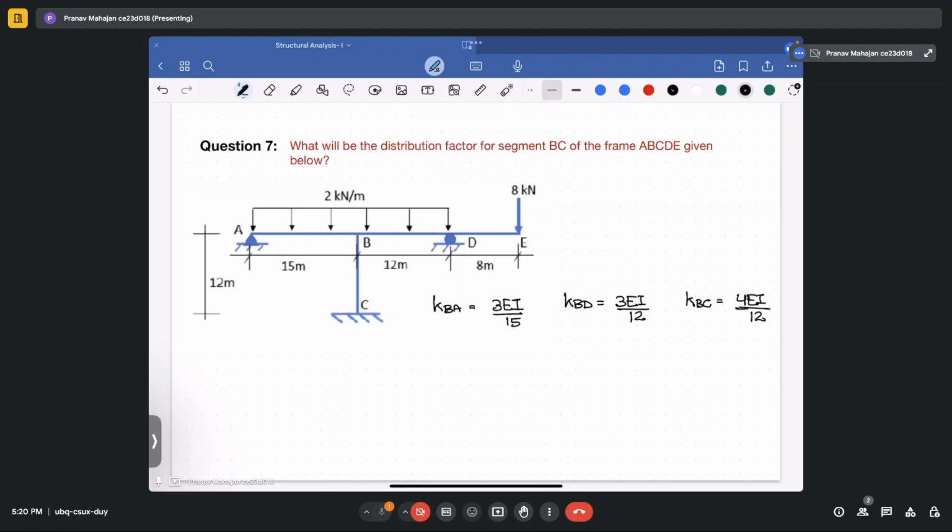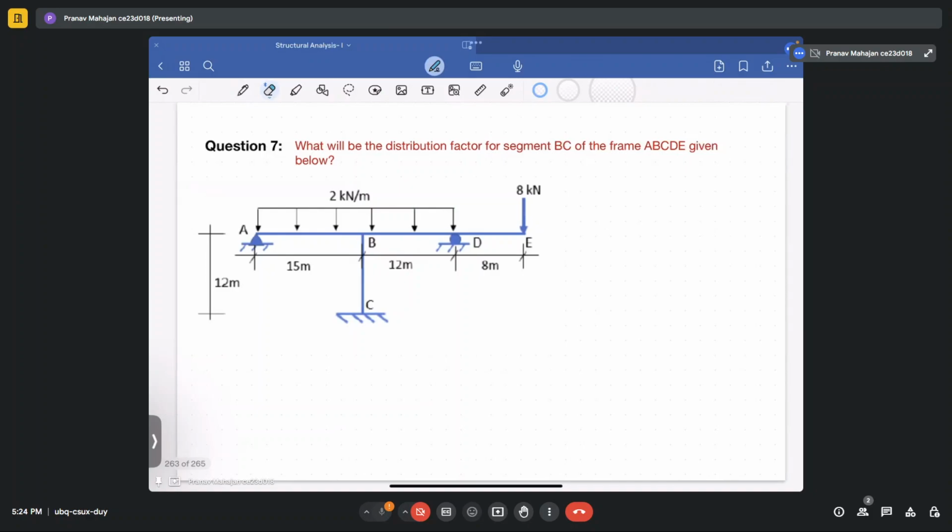So let's directly write the distribution factors. That will be easy for you. So if we directly write the distribution factor, so your DF for BA is coming out to be 3 upon 13. So in this case, I directly require the distribution factor for each of the case.